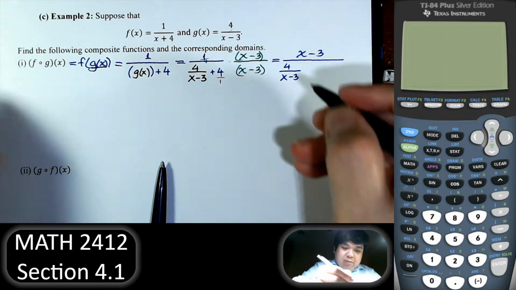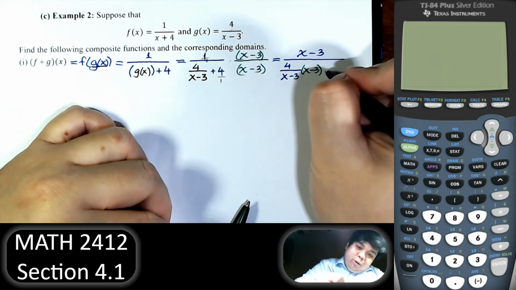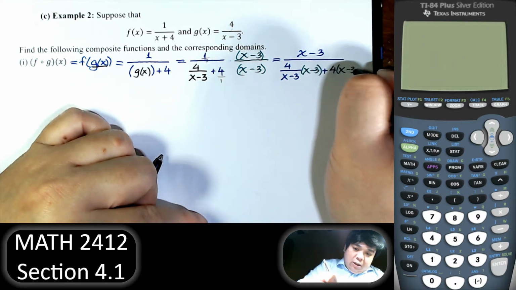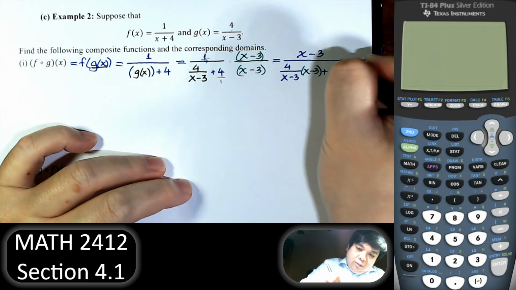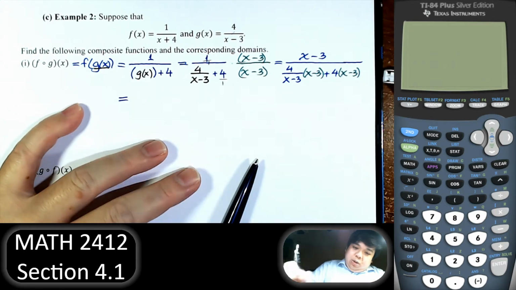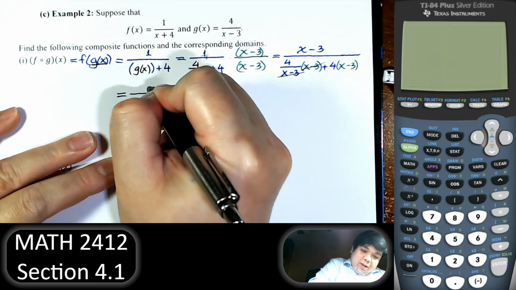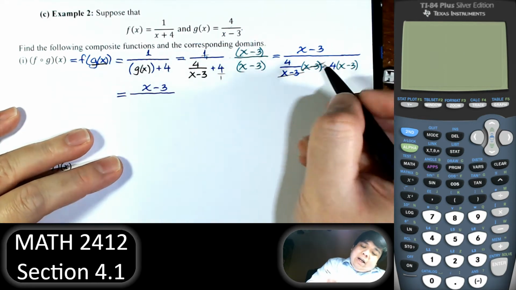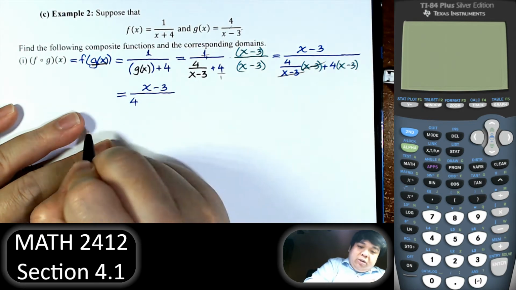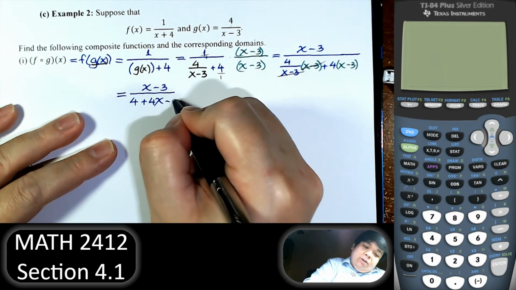I'm going to multiply x minus 3, and then plus 4 multiply x minus 3. Right, so the x minus 3 here will cancel out. We have x minus 3 on top. At the bottom, x minus 3 cancels out, we have 4. That's 4x minus 12 plus 4x minus 12.